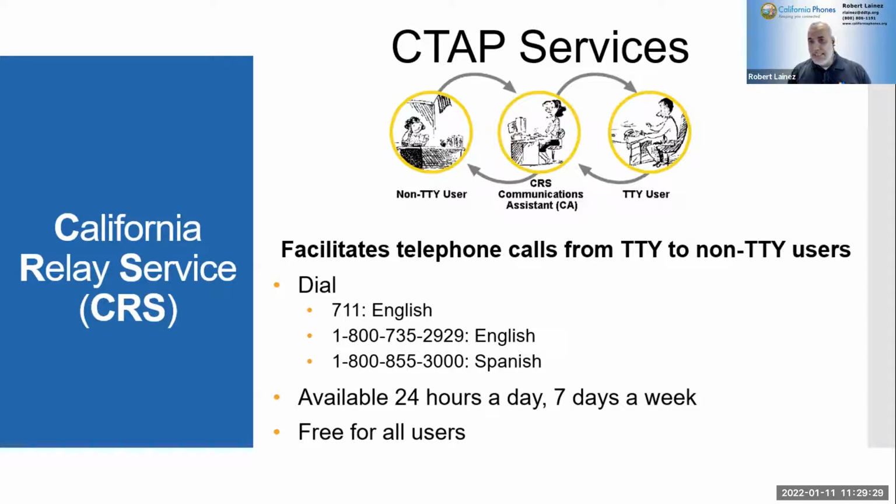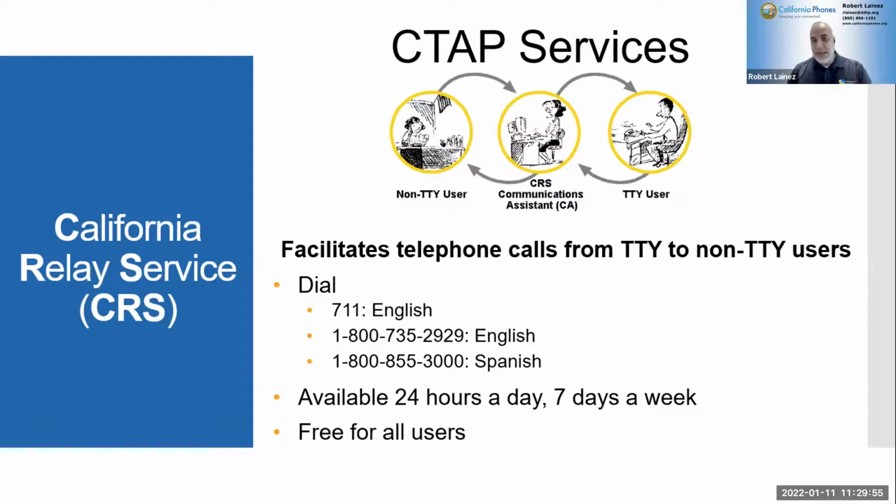So imagine that as a TTY user, you notice that you have a check engine light in your car, and you need to call the dealership and make an appointment. What you do is dial the communications assistant by dialing 711, and then you tell them, I need to call the dealership, and give them the number, and they will communicate on your behalf. If you type your answer, then they will communicate it. If you have hearing capability, then you can hear the voice directly.